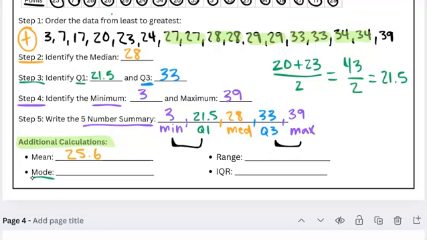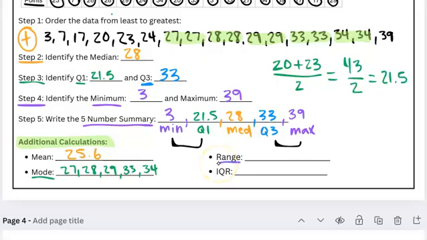Since all of them repeat twice, they appear in the data set 2 times, they all end up being the mode. So 27, 28, 29, 33, and 34, because they all appear the most often in the data set.